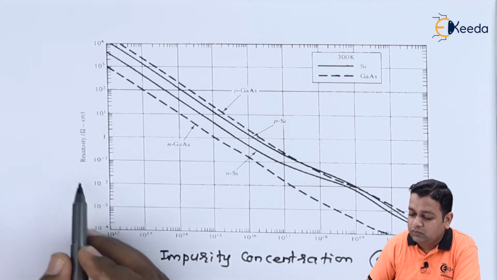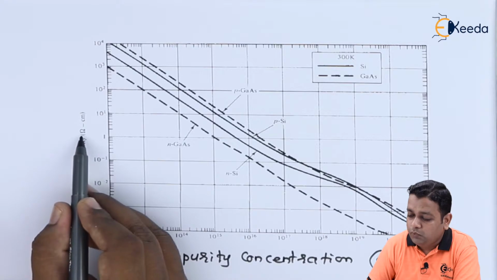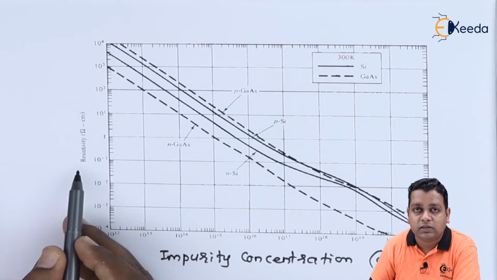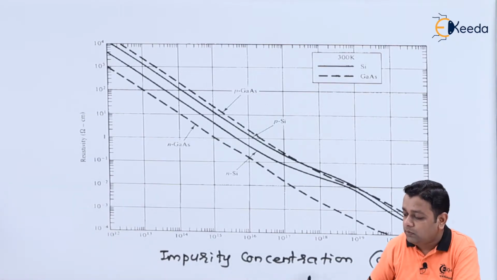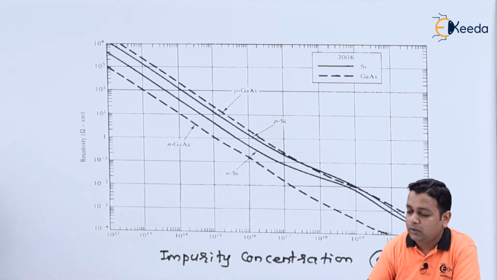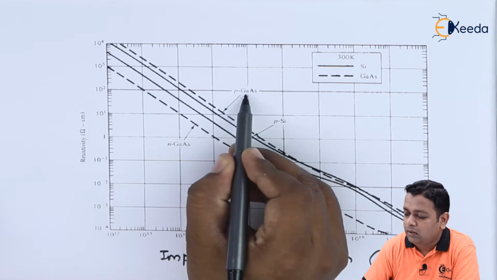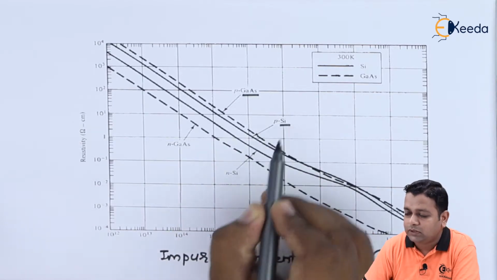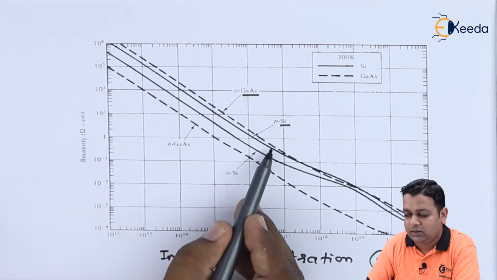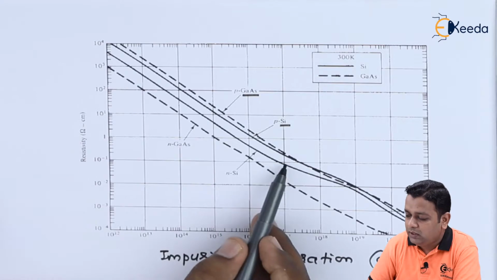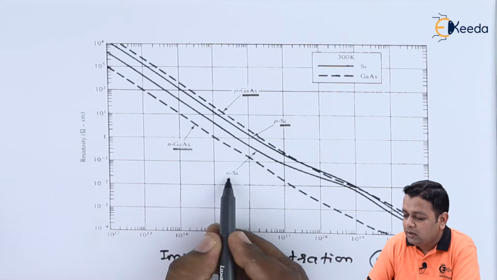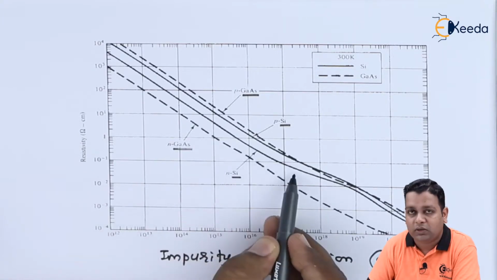So on the vertical axis we have the resistivities in terms of ohm centimeter. In the problem statement we have the values of resistivities and we need to find the values of impurity concentrations. Now in this particular graph, the different materials are gallium arsenide and silicon. So here we have p-type gallium arsenide with a dashed line, p-type silicon with a solid line, then n-type gallium arsenide with a dashed line and n-type silicon with a solid line.